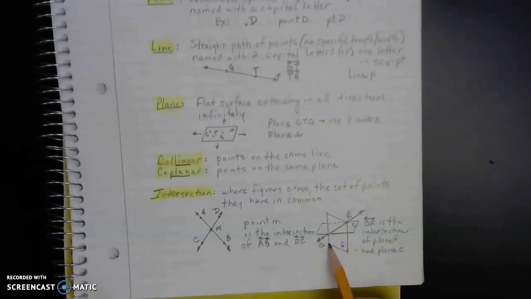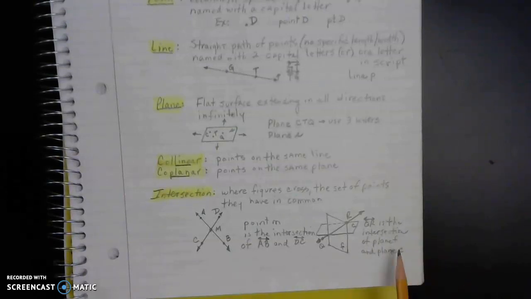Put a dot here. If you want to put dots, and you label that with a little f, a little c, so that you have plane C and plane F with line QR intersecting the planes. Okay, so QR is the intersection of plane F and plane C.